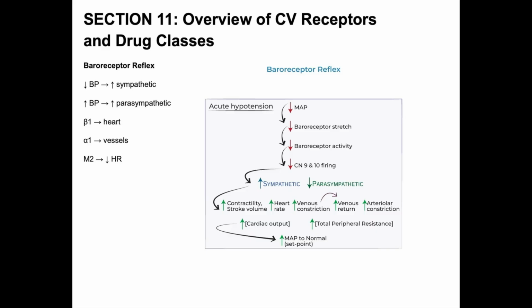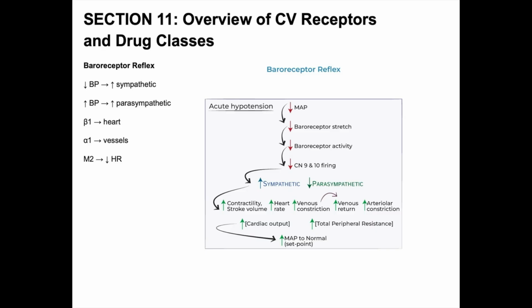If blood pressure drops, baroreceptor stretch decreases, afferent firing via cranial nerve 9 and 10 will decrease, sympathetic output will then start to increase, and parasympathetic output will decrease. So the result here, if we're increasing sympathetic output, aka increasing heart rate, you're going to be acting on that beta-1 receptor, right? Increased heart rate and contractility.